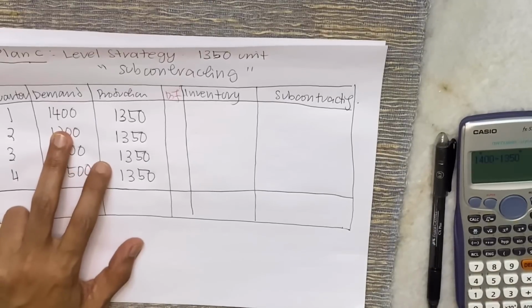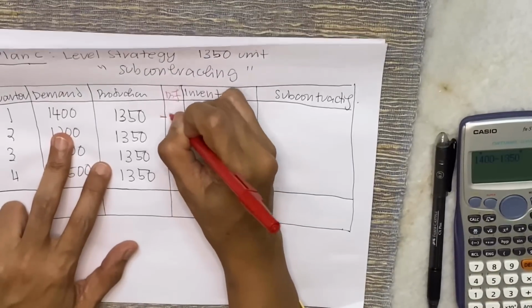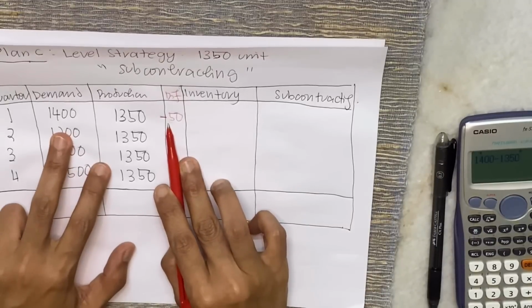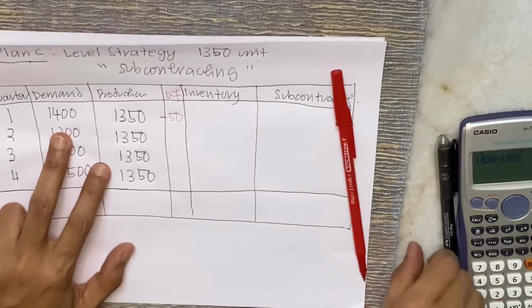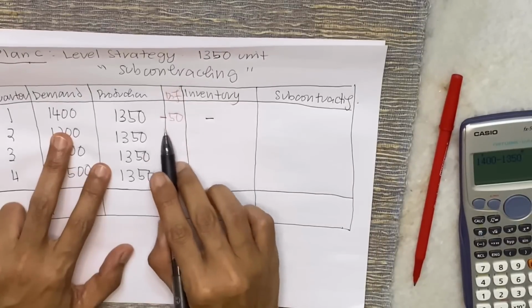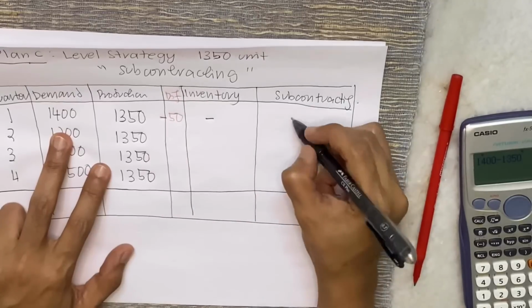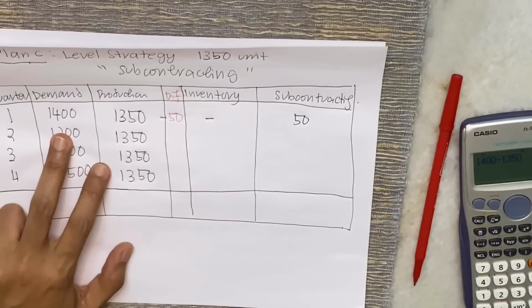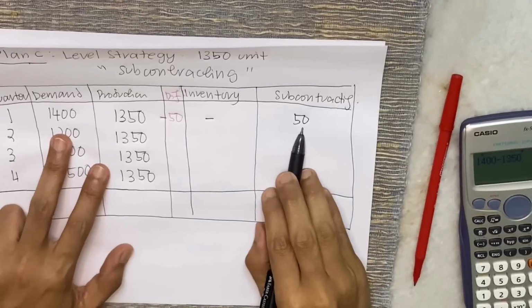So we got the shortage of 50 item. So when we have the shortage of 50 item, since we don't have any inventory here, we are going to allocate this 50 to our subcontractor. We are going to ask our subcontractor to produce 50 items for us, right?